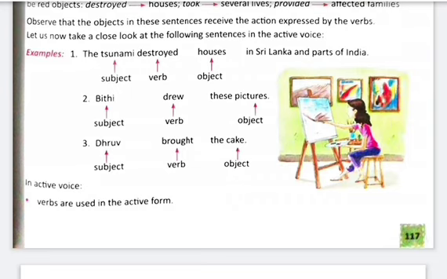So the tsunami is the doer and the verb is in its active form. There is no be verb and the verb is not in past participle form. It is in past form. So here the verb is in active form. So this sentence, the tsunami destroyed houses in Sri Lanka and parts of India, is in active voice.